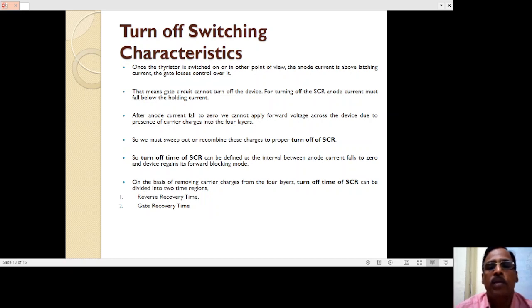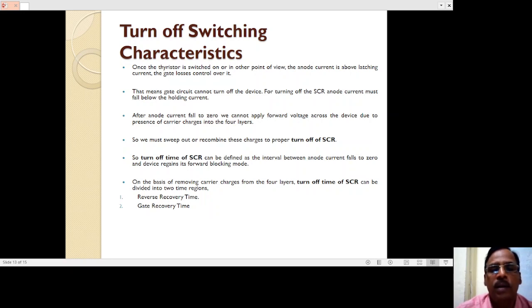For turning off your SCR, we have to reduce the anode current. Means anode cathode voltage gradually reduces and your anode current gradually reduces. When your anode current gradually reduces below holding current, your SCR will be turned off.